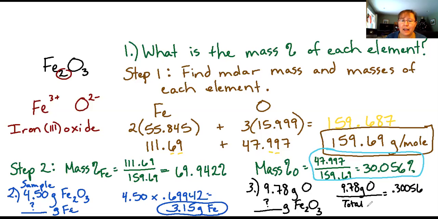When I calculate this out, and I'm sorry, I'm running out of room, you would just switch sides here, so you would take 9.78 and divide that by 0.30056. That's how you would find your total, and with 3 significant figures, it would be 32.5 grams for my overall sample. So those are just some examples of problems that you can do with mass percent.